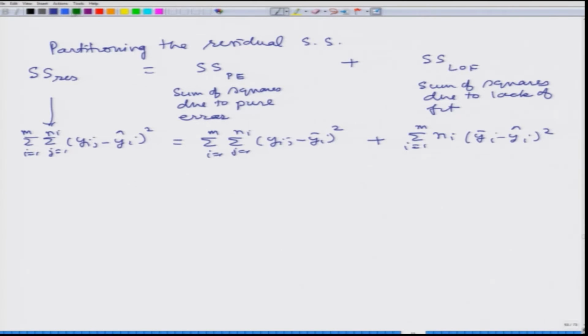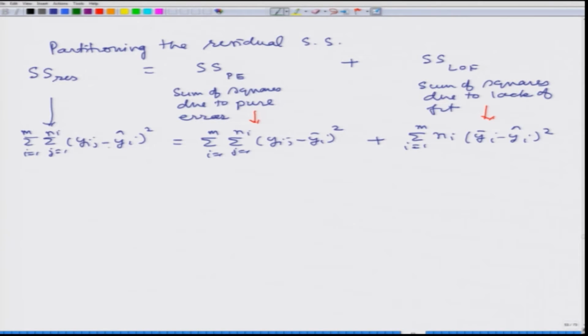The sum of squares due to pure error is given by the first term, and the sum of squares due to lack of fit by the second. I am skipping the minor details, but it is not difficult to obtain. This is just obtained by adding and subtracting y bar i in the expression yij minus y hat i.